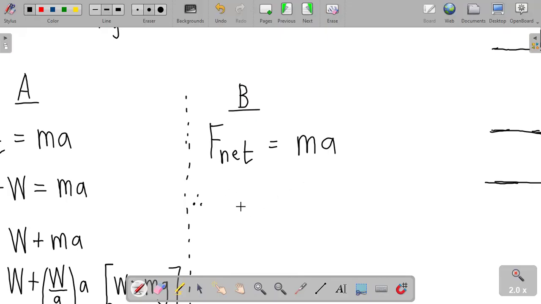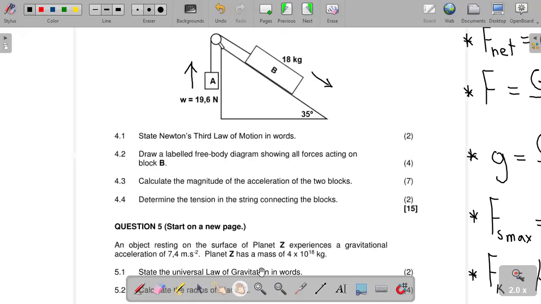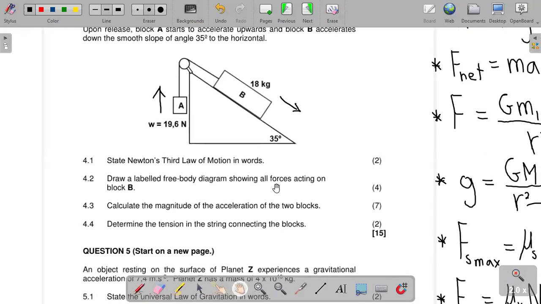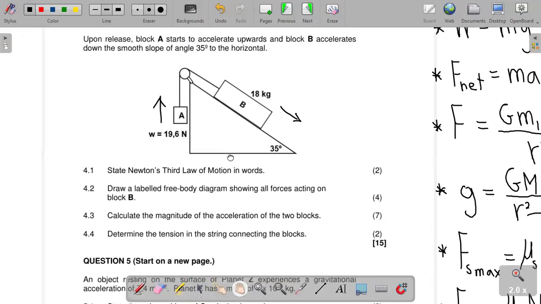For block B, which forces are acting downwards? That is, again, the gravity, there is a component of gravity which is parallel to the surface, Fg parallel. And then there are two opposing forces. According to the diagram, there is the tension going up. There is also kinetic frictional force.